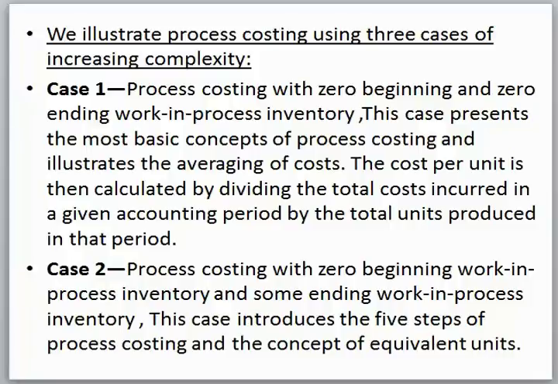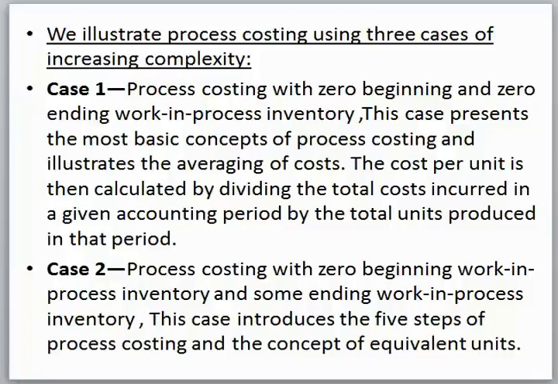This case presents the most basic concepts of process costing and illustrates the averaging of cost. The cost per unit is calculated by dividing the total cost incurred in a given accounting period by the total units produced in that period.